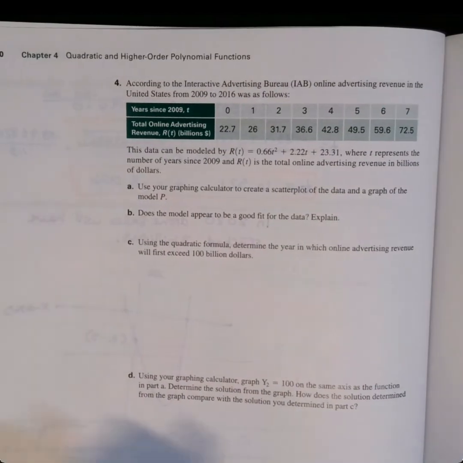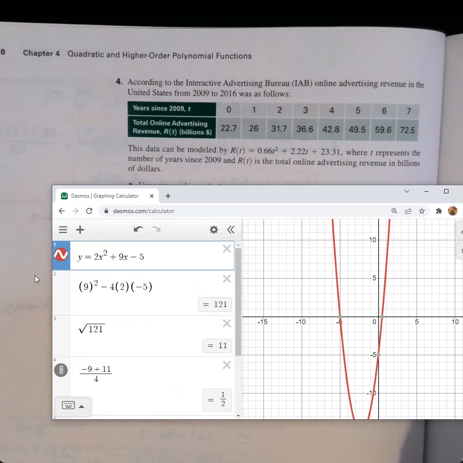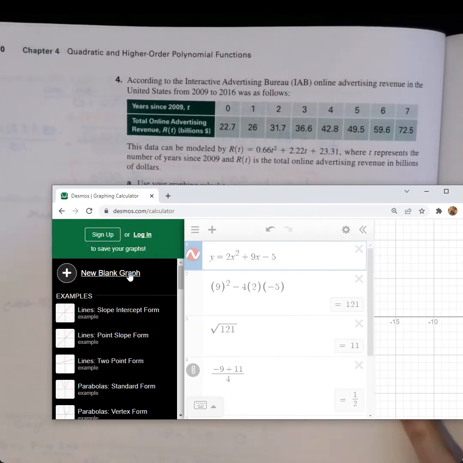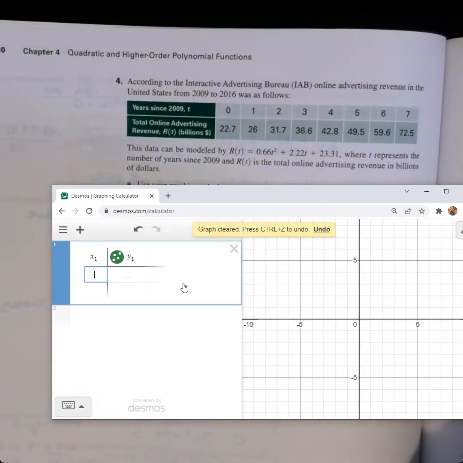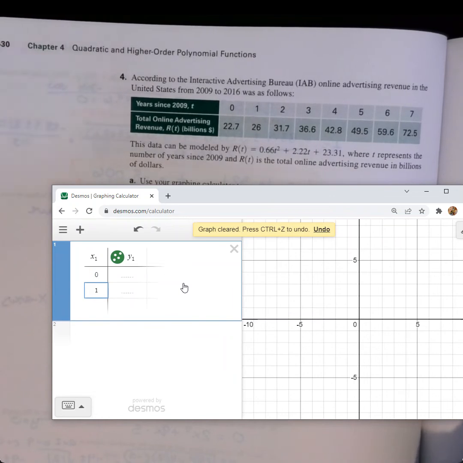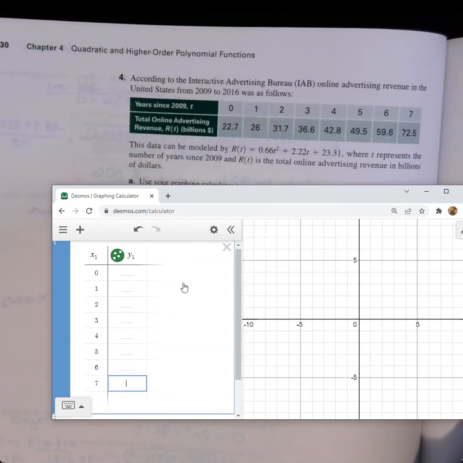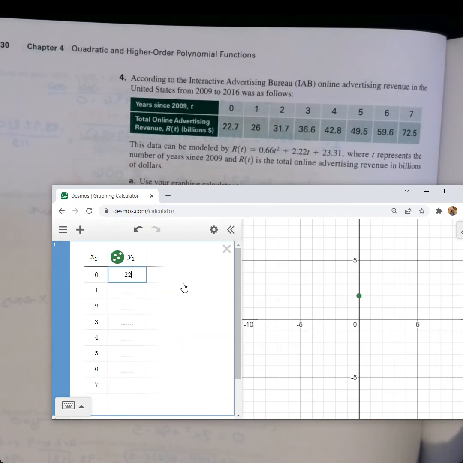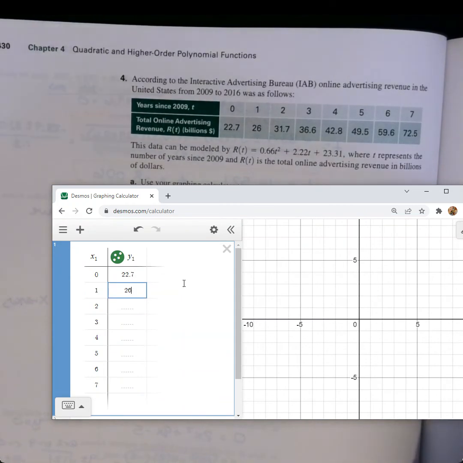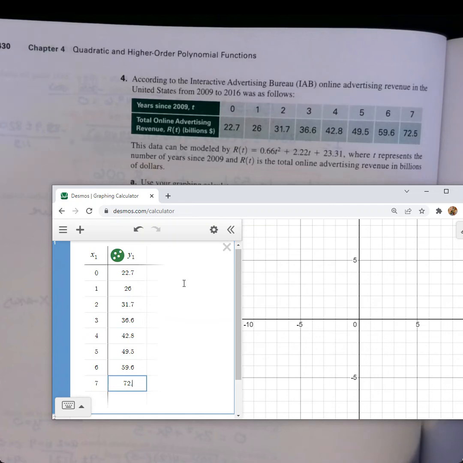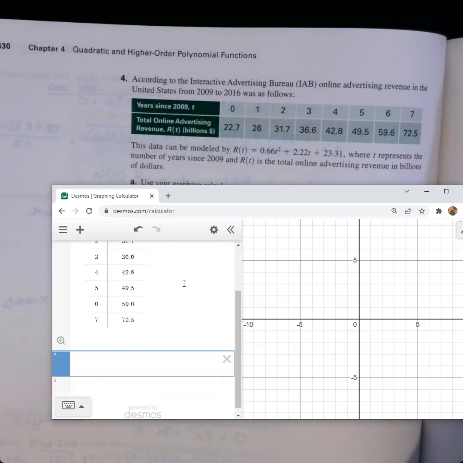Okay, so it looks like I got a table here. Let's go ahead and enter our table. All right, and they gave us an equation.